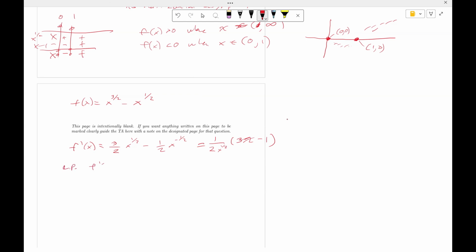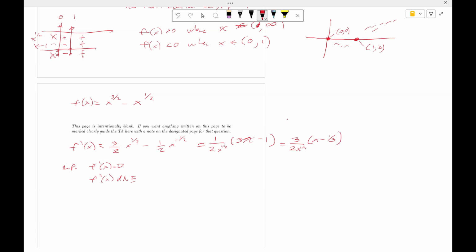Okay. So to get the critical points, they are where f prime of x equals 0 or f prime of x does not exist. And f prime of x equals 0 are my roots, which here, I'm going to factor this a little bit more to 3/2 x to the 1/2 times (x minus 1/3).